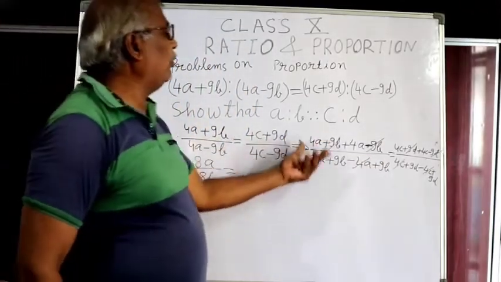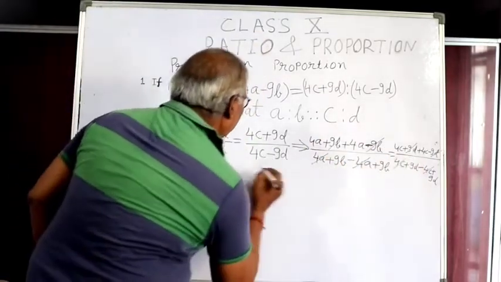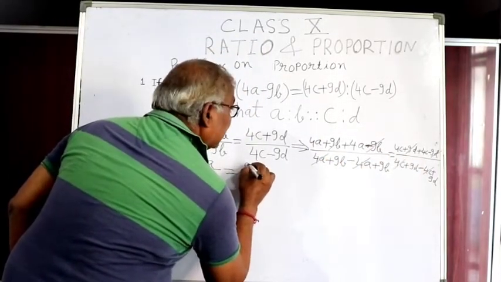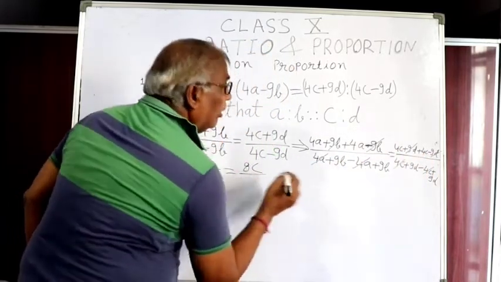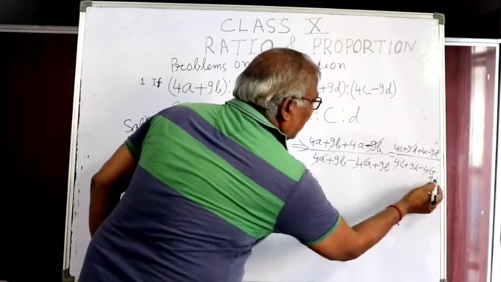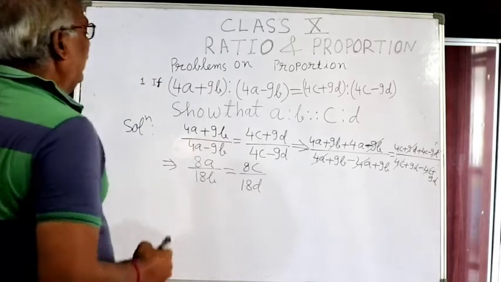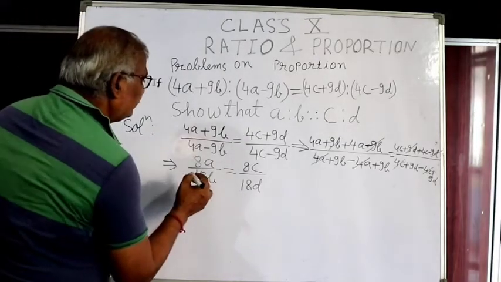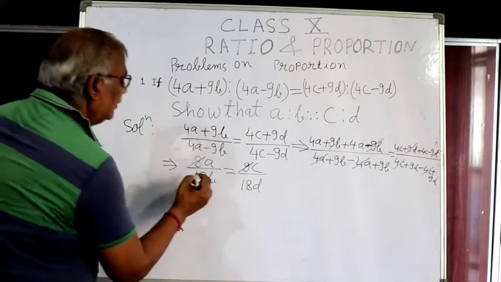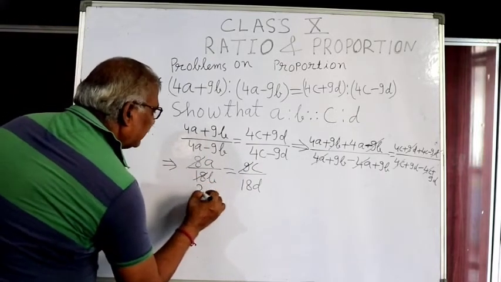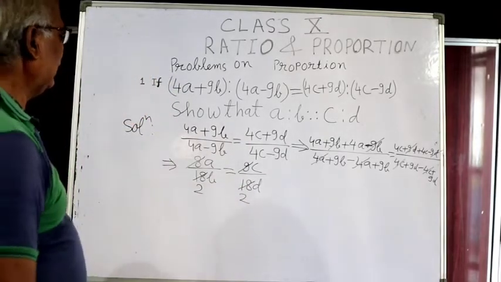Similarly it will become 8c upon 9d plus 9d, 18d. Here 8 and 8 cancel on both sides. 9 twos are 18, 9 twos are 18, cancel.